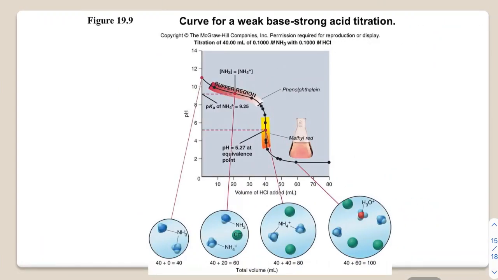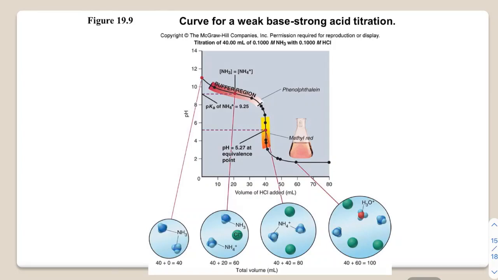Okay, and then this is a weak base strong acid titration. If you look at the starting pH, it is around 11. We know that the one in the conical flask is a base, because the starting pH is basic, above 7, and then the acid, HCl, is in a burette. So let's look at the titration curve.